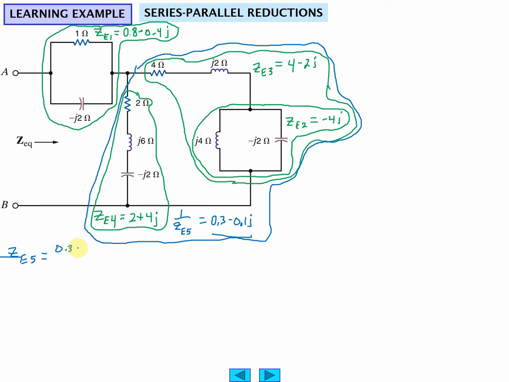I'm multiplying by the complex conjugate on the top and the bottom. So 0.3 squared is 0.09, and 0.1 squared is 0.01. These two add together to a tenth. 3/10 divided by 1/10 is 3. 1/10 divided by 1/10 is 1.